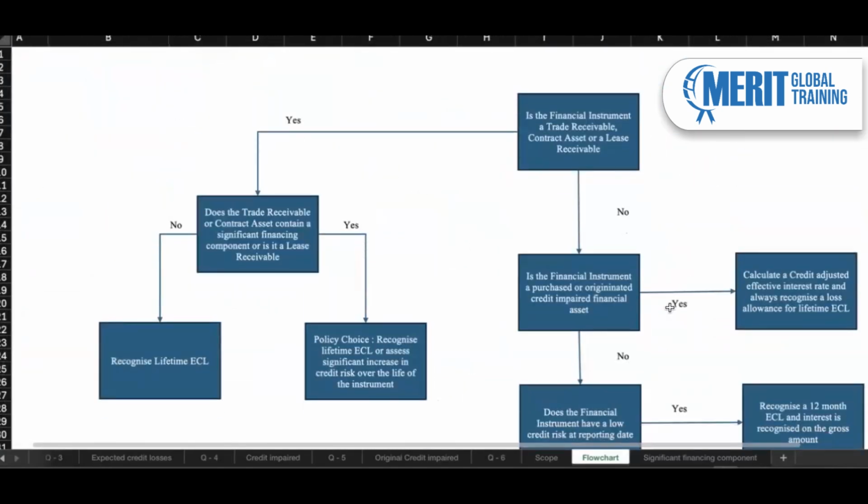Now the accounting standard has made a clear distinction in terms of the financial assets and how the ECL modeling is done. They have separated the investment type assets from the receivable type assets. If I'm talking about trade receivables or lease receivables, then they have separated those out.